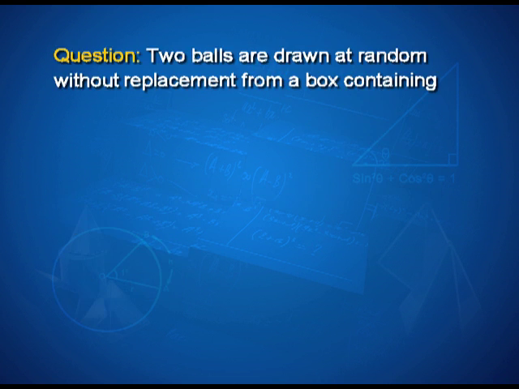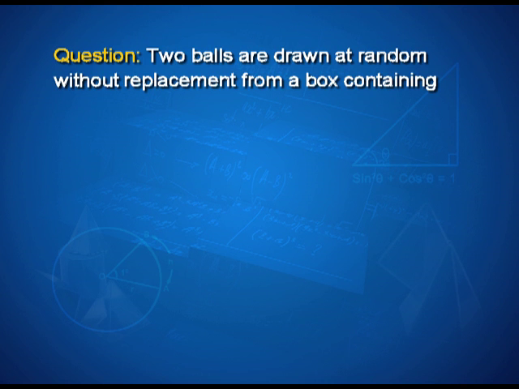Now, if I change the problem and say 2 balls are drawn at random without replacement, which is normally the understanding if nothing is said, the question just says two balls are drawn successively from a box, then it would simply mean that the first is drawn, and notice the ball is kept out.